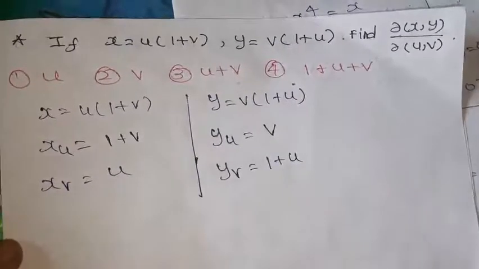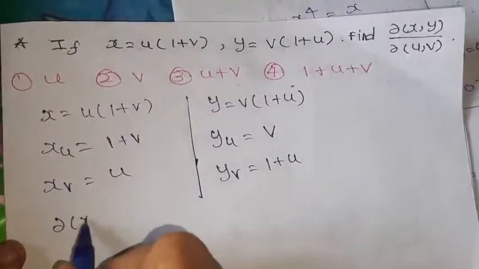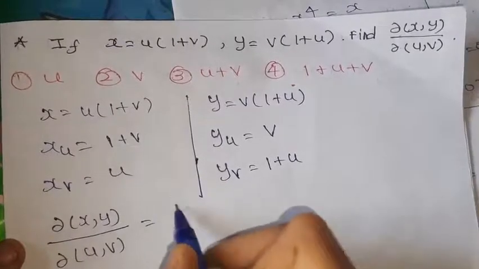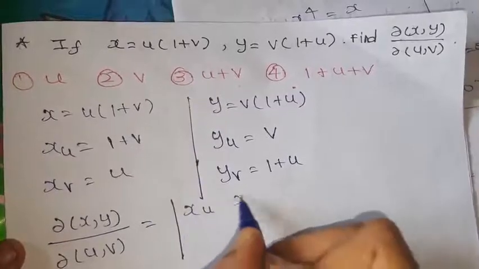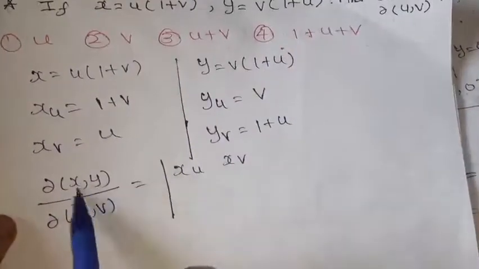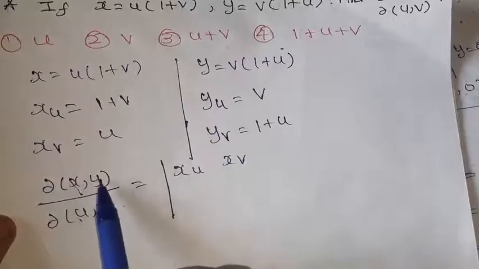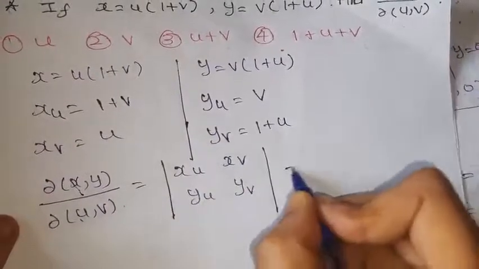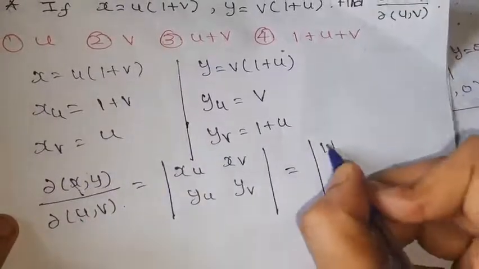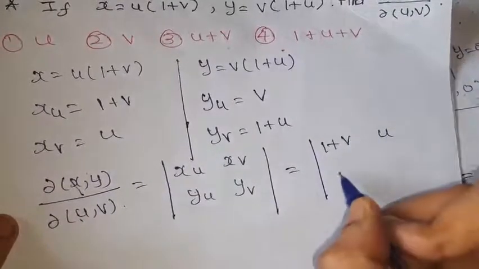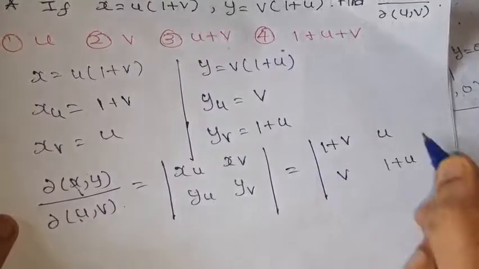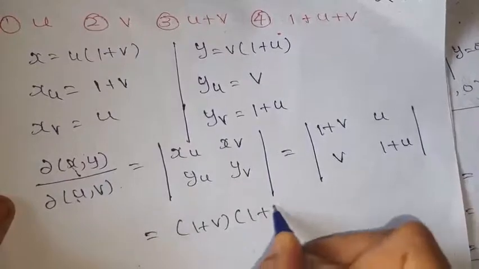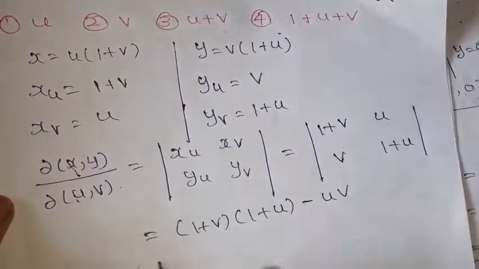Right? What we need to find out is ∂(x,y)/∂(u,v). So x_u, x_v. In the second row, y_u, y_v. Just substitute the values: 1 plus v, u, v, 1 plus u. So 1 plus v into 1 plus u minus uv.